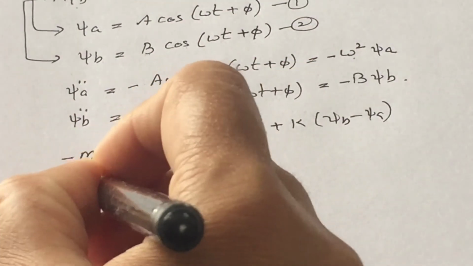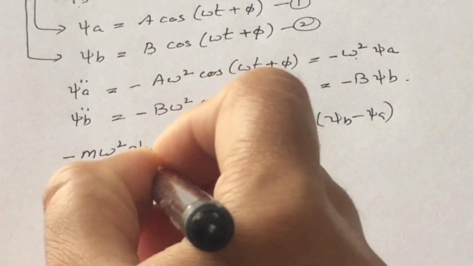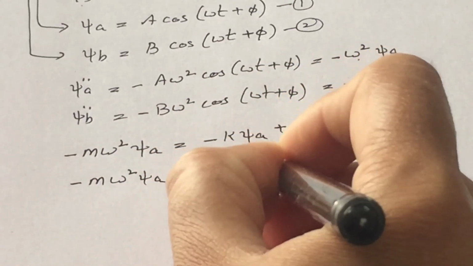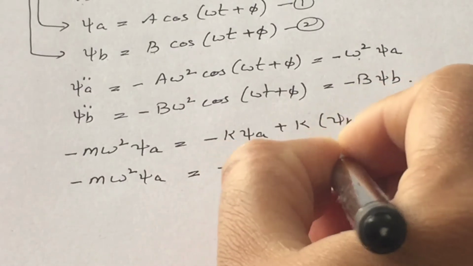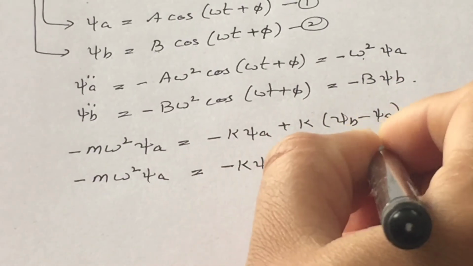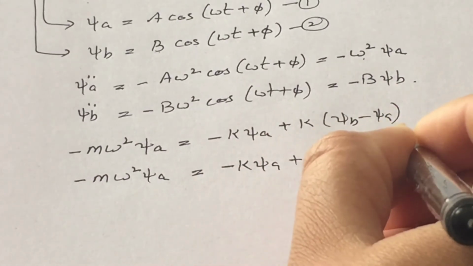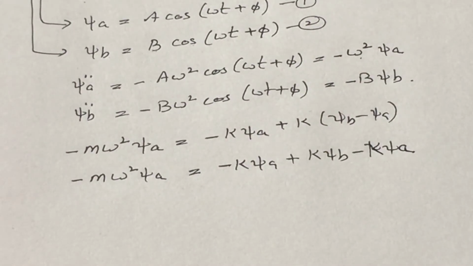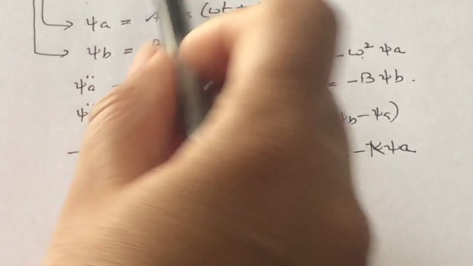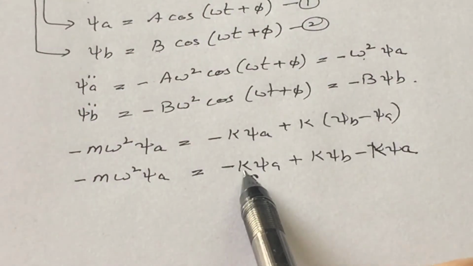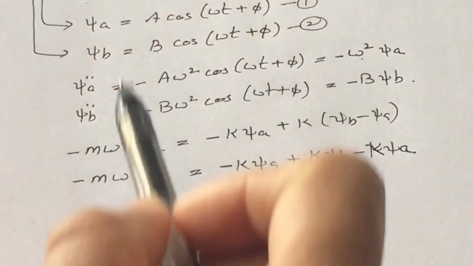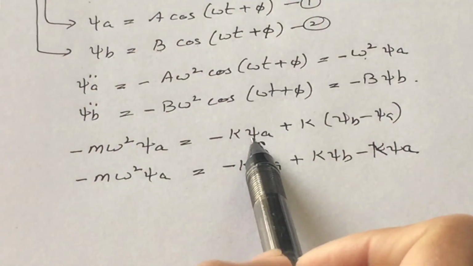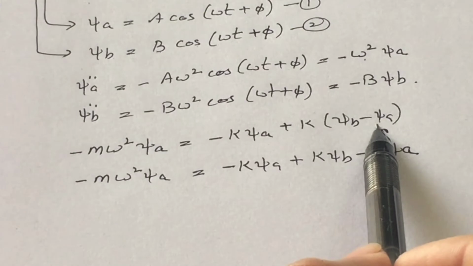What will we have? Minus m omega square psi a is equal to minus k psi a plus k psi b minus k psi a. This is the solution for this equation, where we have put the value of psi a double dot and minus k psi a, and we have opened this bracket.